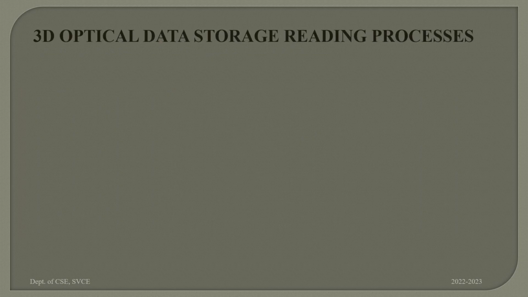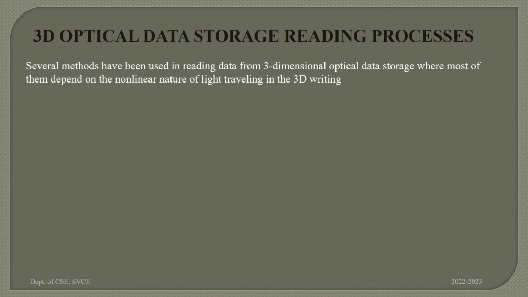In this slide, we will see about the 3D optical data storage reading process. Several methods have been used in reading data from three-dimensional optical data storage, where most of them depend on the nonlinear nature of light traveling in the 3D writing.